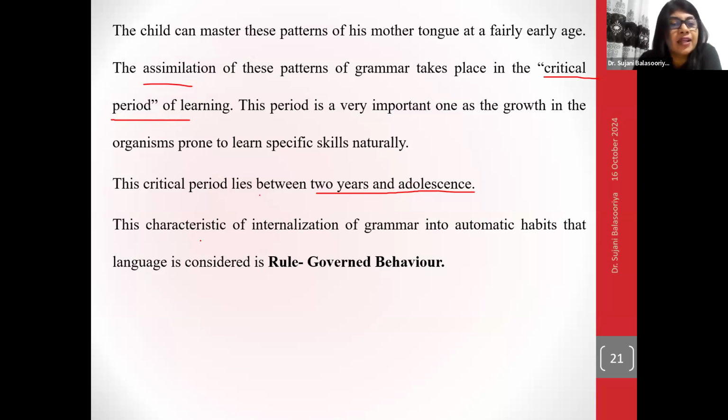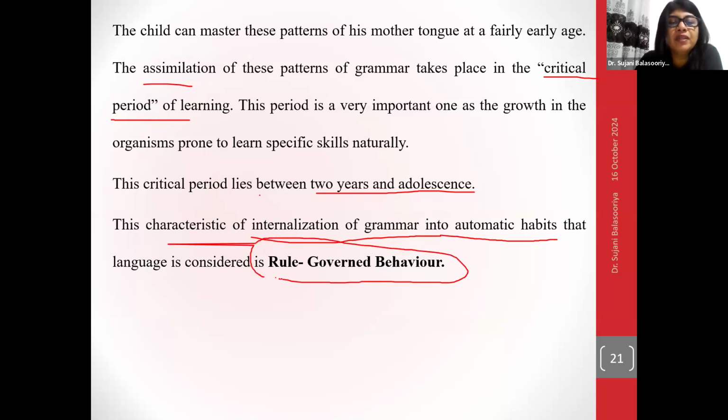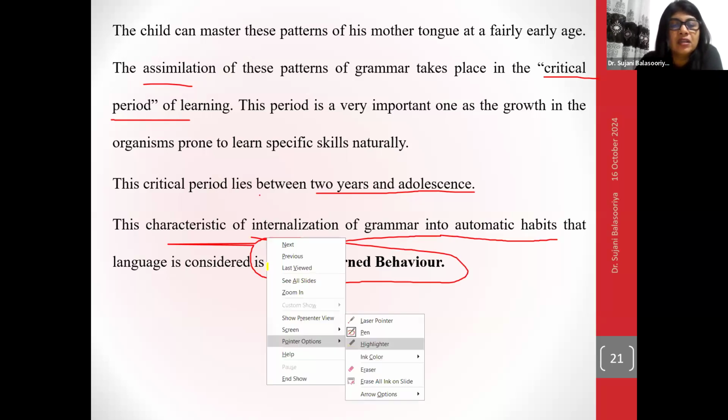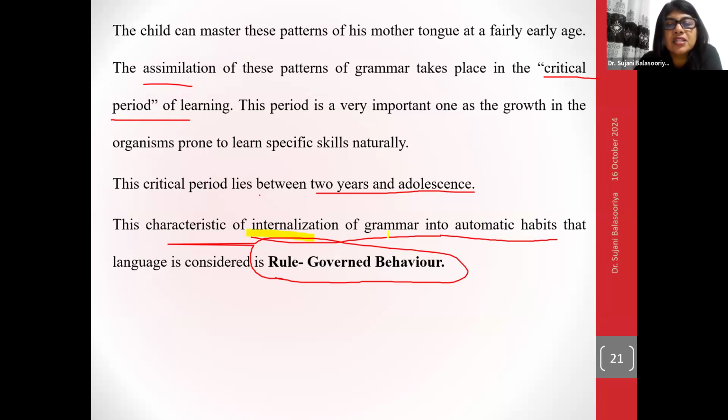Okay, this characteristic of internalization of grammar into automatic habits, as far as language is concerned, is what you exactly call rule governed behavior, right? Internalization, this is the idea. So I'll highlight it. Internalization of grammar into automatic habits.